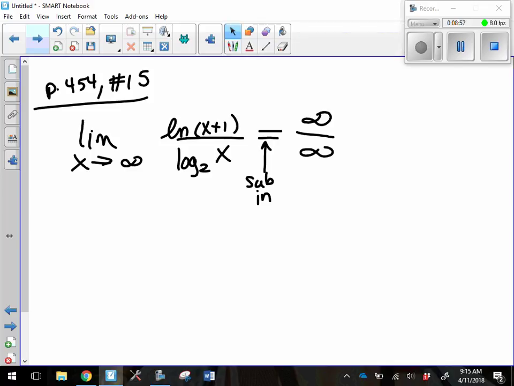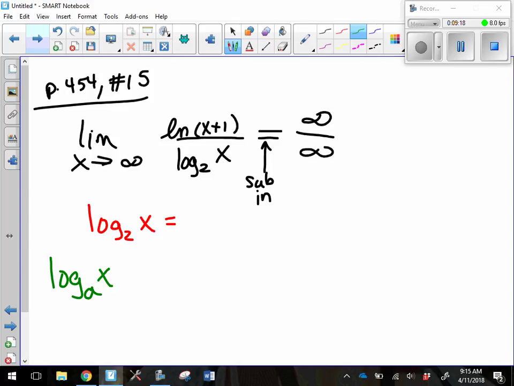But let's do a little review first. And let's turn that log base 2 of x into a natural log, because who wants to deal with log base 2 of x? All right, anybody remember that formula? You should know that formula.